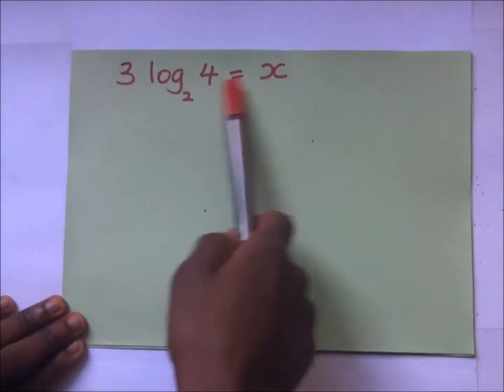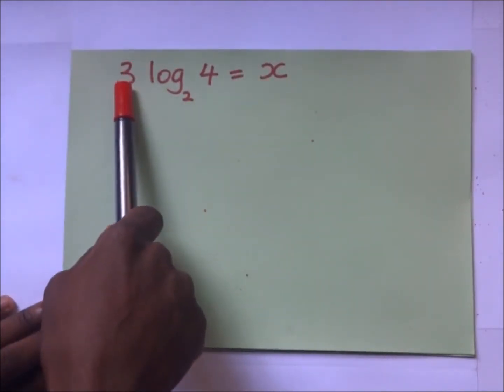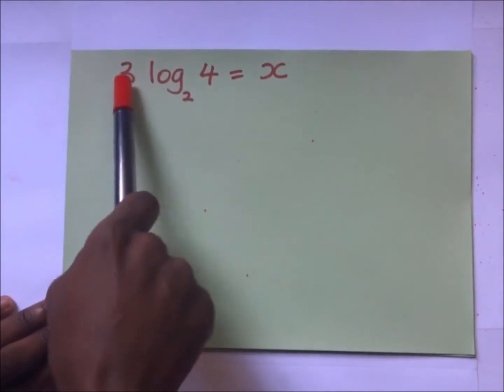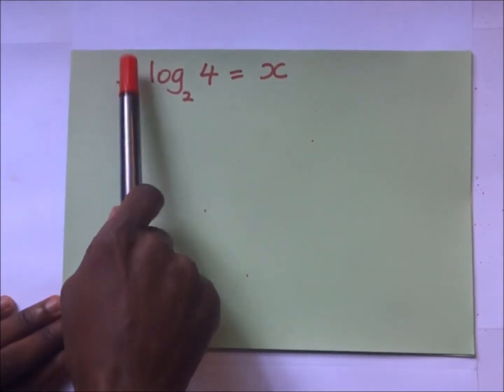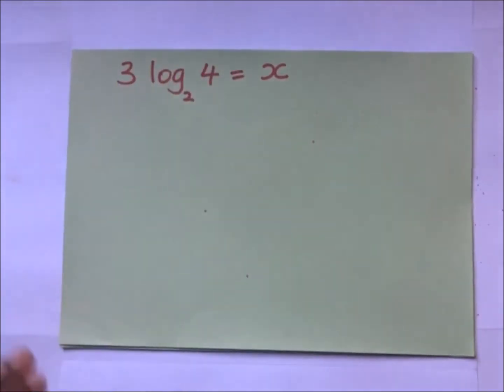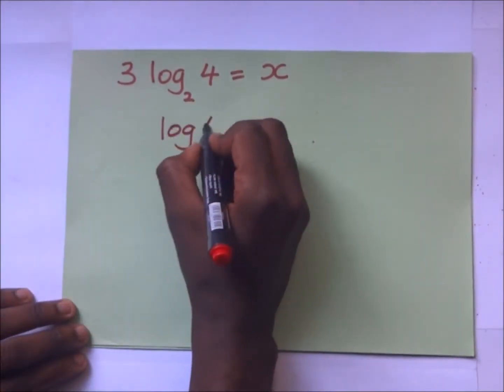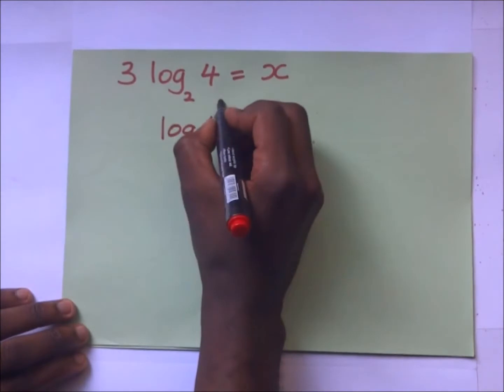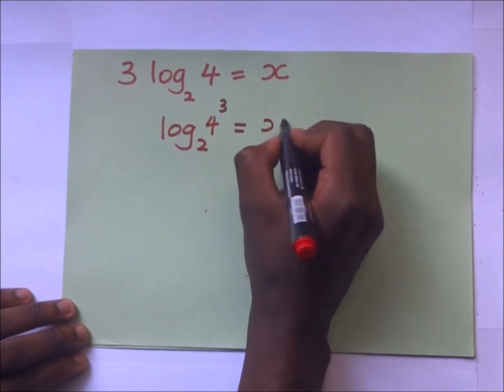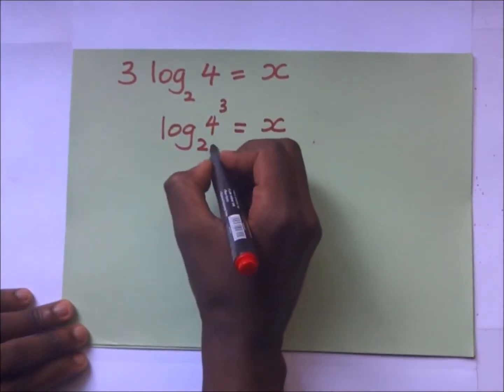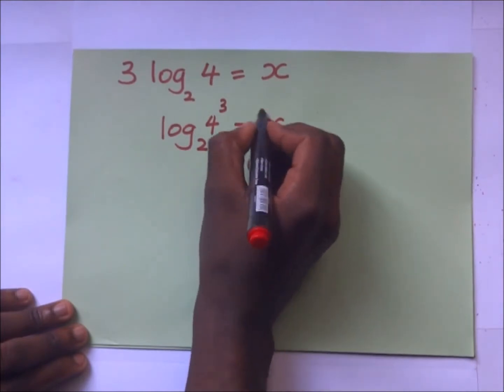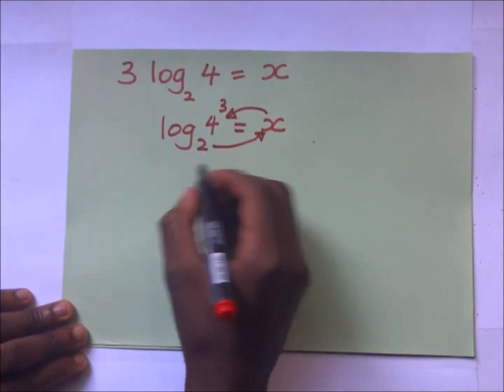To convert this logarithm into index form, the logarithm must have a coefficient of 1. So we shift this 3 up there, and this becomes log of 4 to the power 3, base 2, is equal to x.